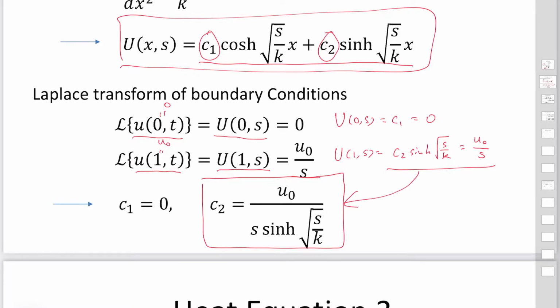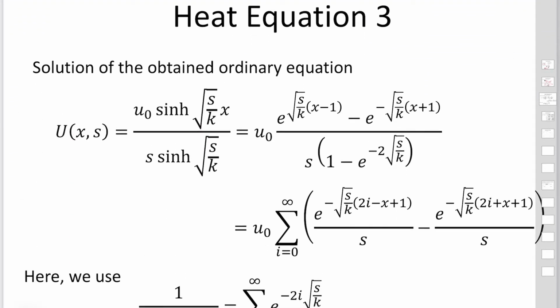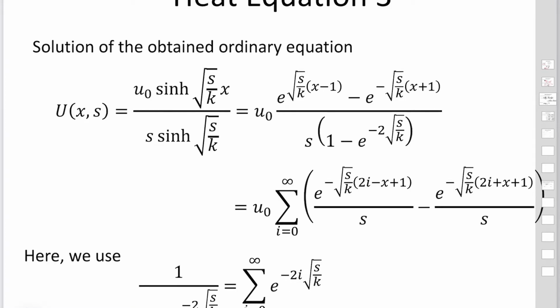So we determine c sub 1 and c sub 2 and substitute back into the original equation. We can find capital U. This is capital U equals u sub 0 hyperbolic sine of square root of s over k times x, over s times hyperbolic sine of square root of s over k. You can use exponential functions to describe hyperbolic sine.